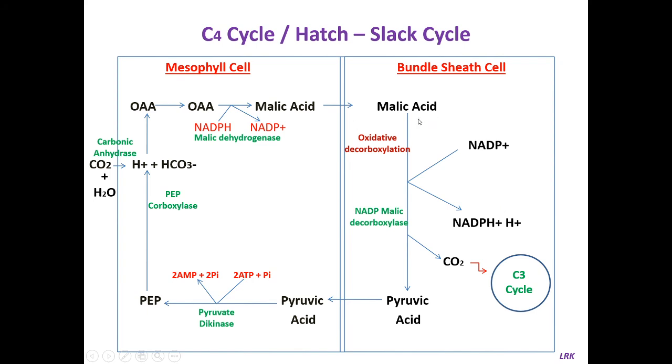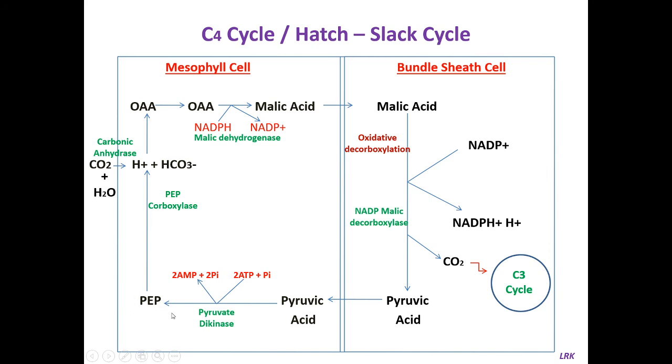Okay, so the malic acid, after undergoing oxidative decarboxylation, forms pyruvic acid, and this pyruvic acid enters into mesophyll cells again. In mesophyll cells, this pyruvic acid takes ATP molecules, and in the presence of pyruvate kinase, the phosphoenol pyruvic acid is regenerated.